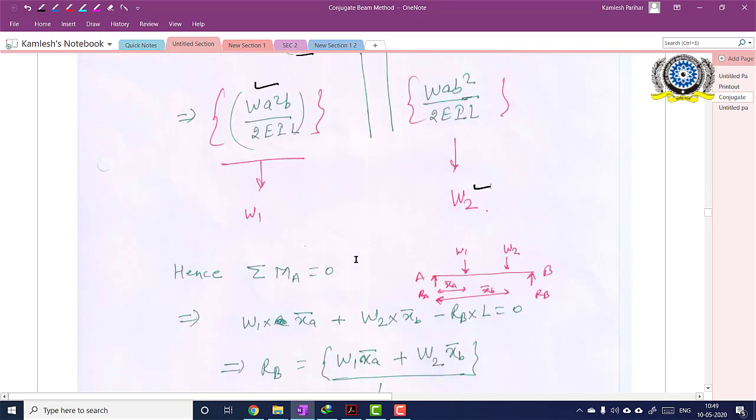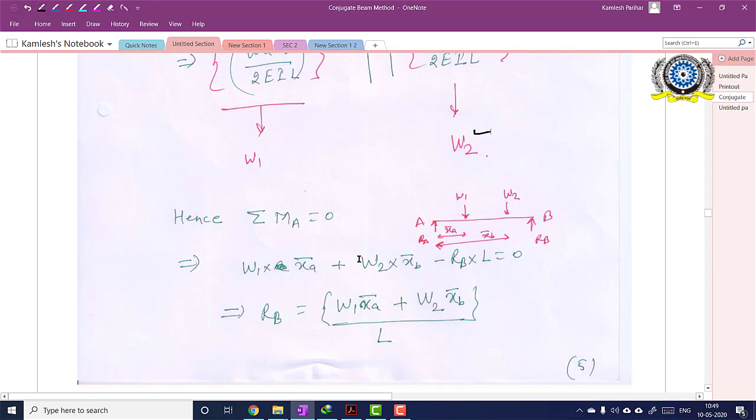Now our problem has been simplified. So this is the simplified model of our problem. That is, there is W1, there is W2. So I replace the triangles by W1 and W2, and XA bar and XB bar are the centroids. Now applying the equation summation M equal to 0, I have found out reaction RB. You can see the equation W1 XA bar plus W2 XB bar minus RB times L equal to 0.